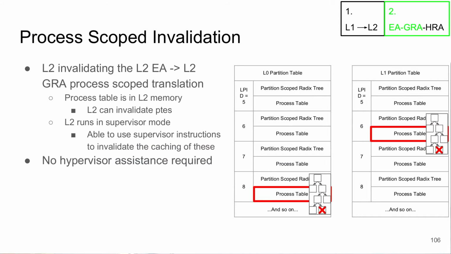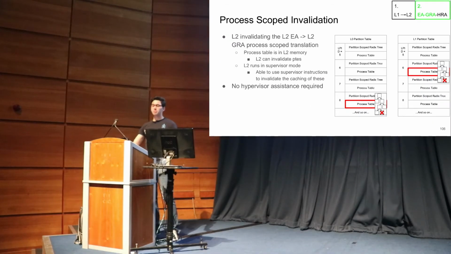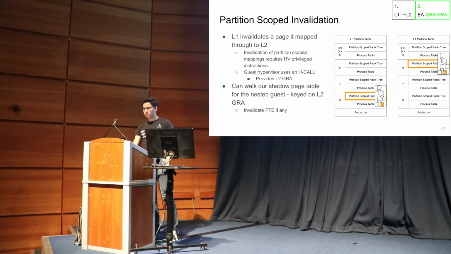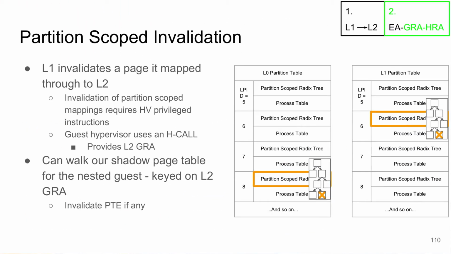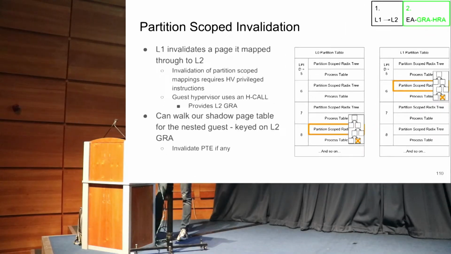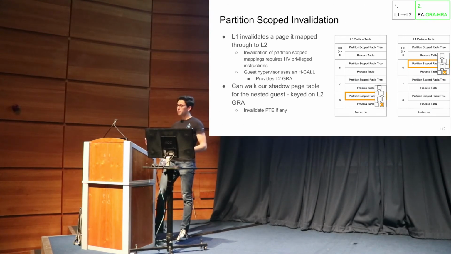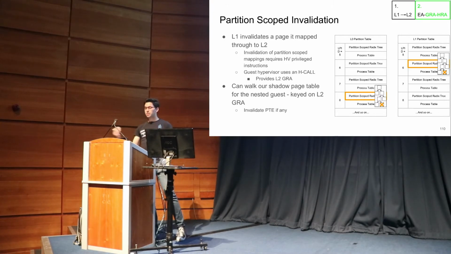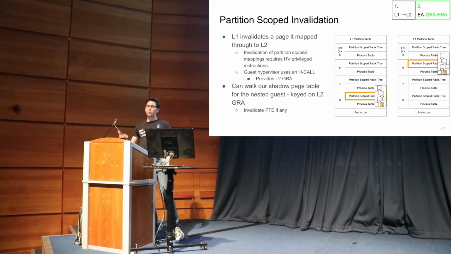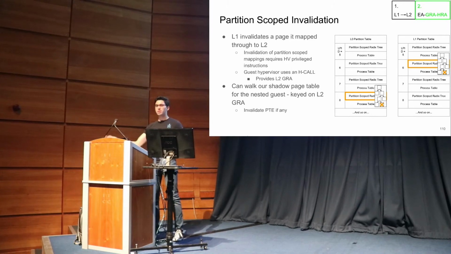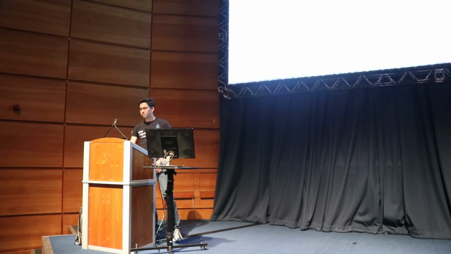Yeah, so really quickly, process tables are in level 2 memory, so level 2 manages them itself. That's not very interesting. What's interesting is partition tables. First of all, level 1 could be invalidating a page that's mapped through to level 2. And we use an H call for that, which has the level 2 guest real address. And we can just walk our shadow page table and invalidate a PTE if we find one.